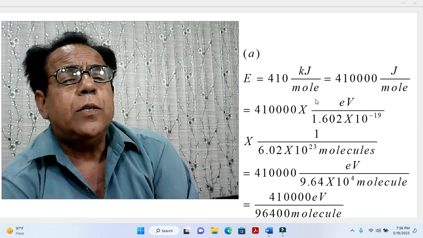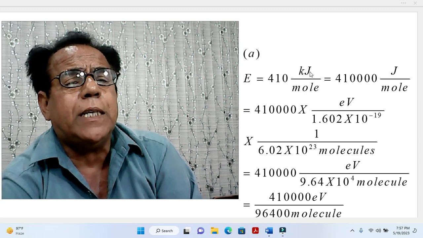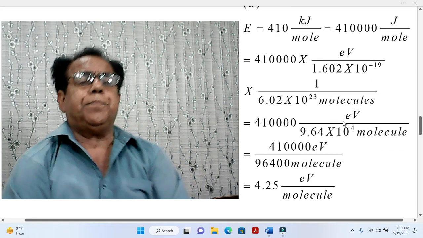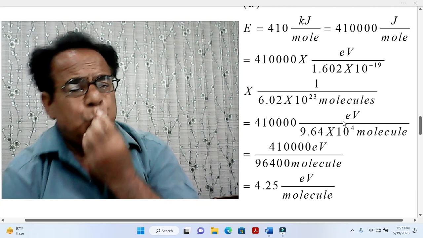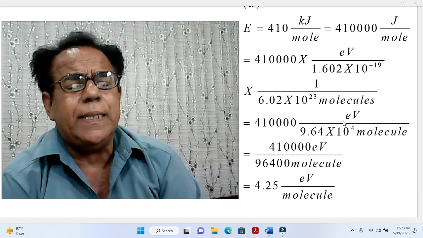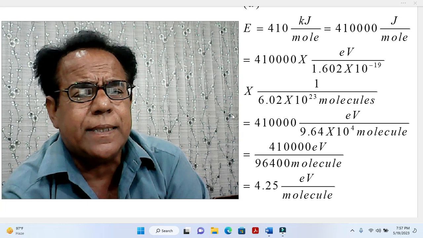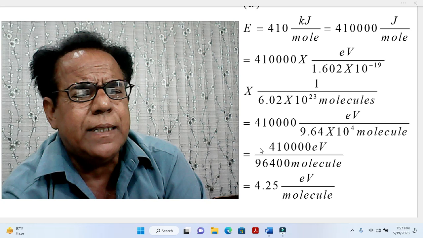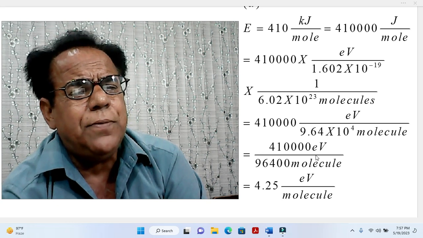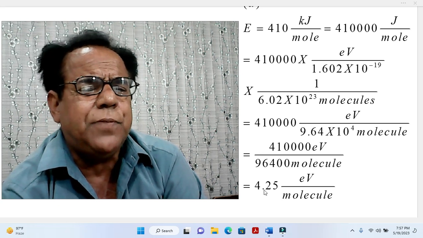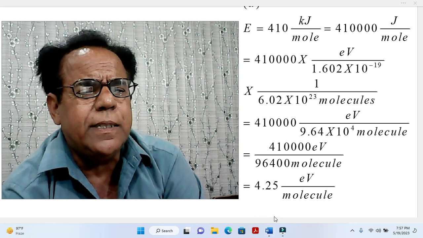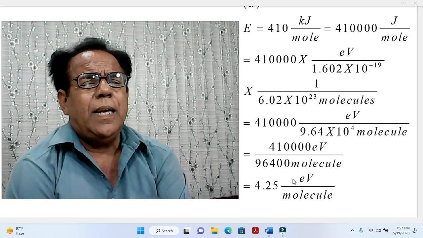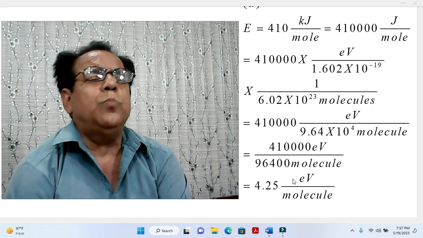So far we have used 3 conversion factors, and then we will just simplify this. When we simplify this, we will get this, and when we simplify further, we will get this, and then further, we will get this. This is the solution of our part A. I think it is clear, and it is better that we move forward.